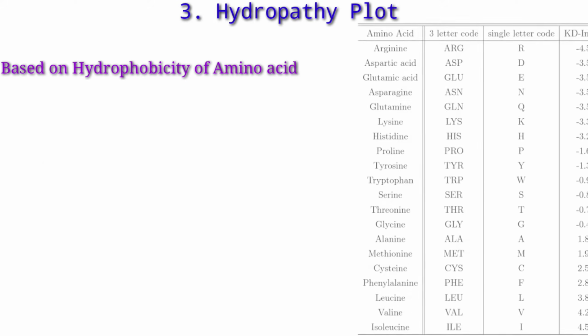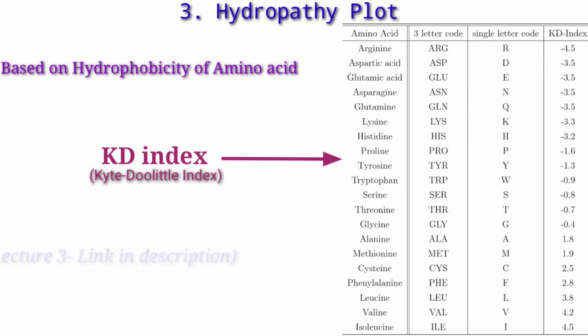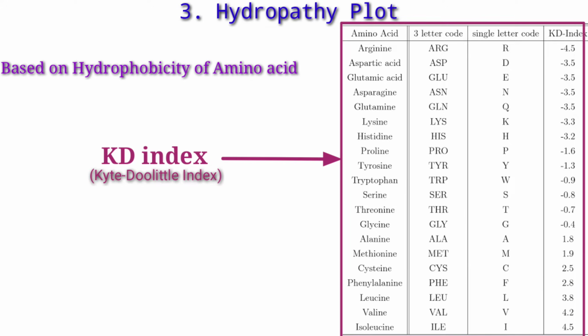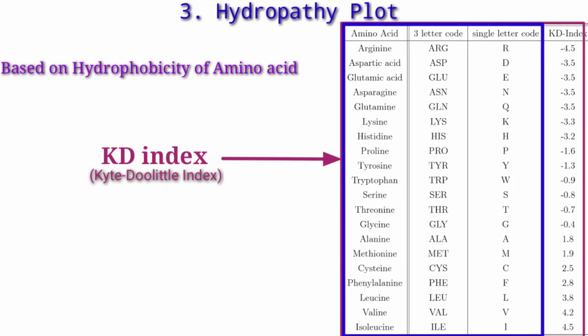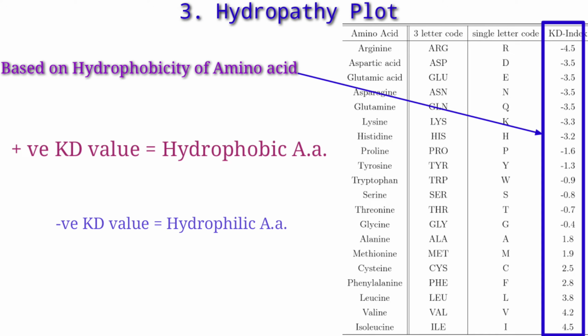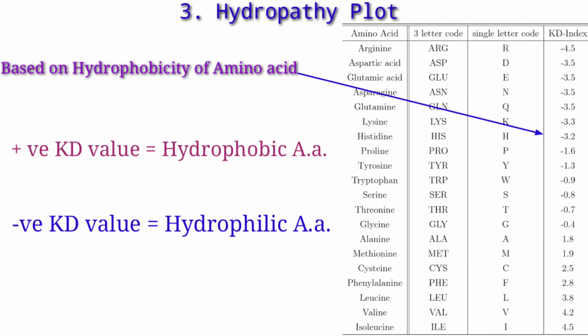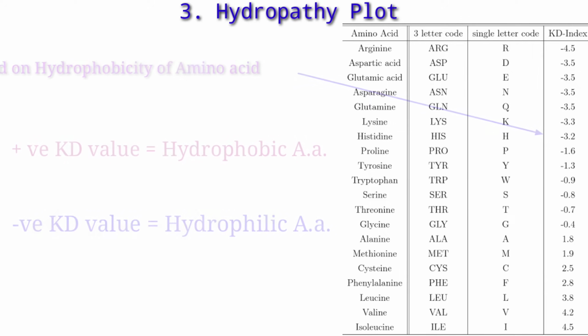If you remember, in lecture number 3 we studied the hydropathy index, where we saw a chart in which amino acid names are written on the left and their hydropathy index values are given. If the values are positive, that amino acid is genuinely hydrophobic, and if the values are negative, that amino acid is hydrophilic.